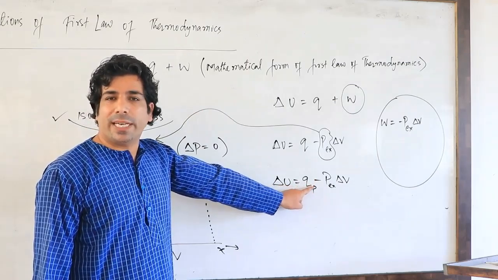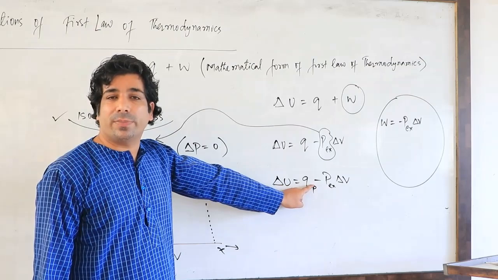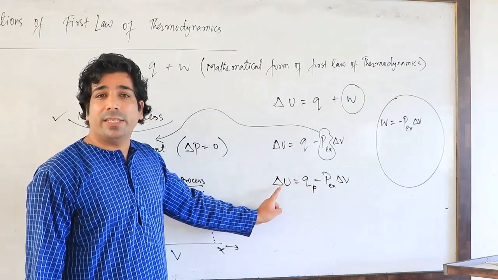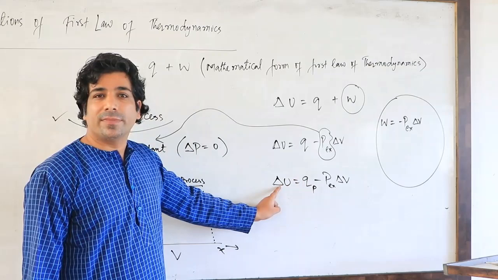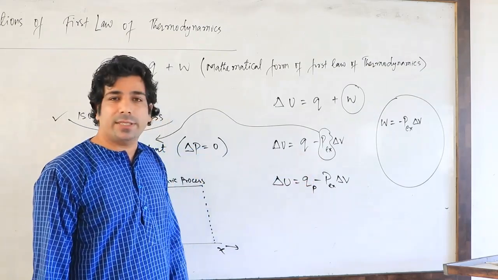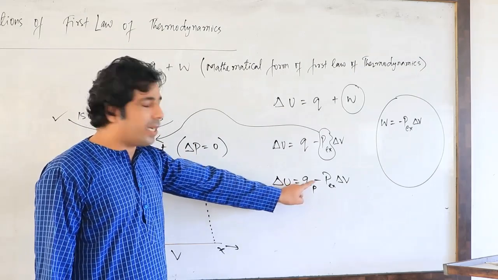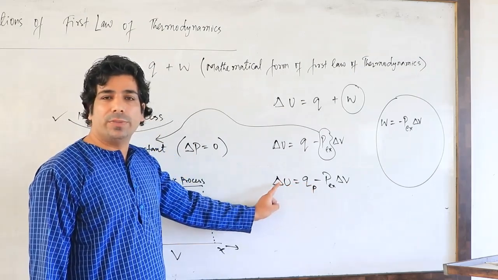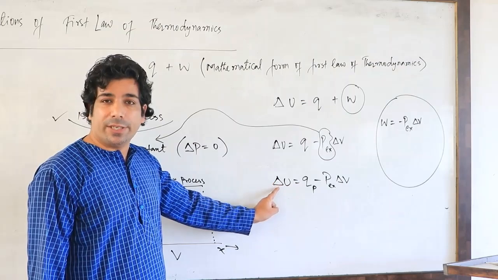Or Q_P stands for heat absorbed at constant pressure, will change the internal energy of the system. Why do I mention here Q_P? Because we know that already pressure is constant. So heat absorbed at constant pressure is equal to the change in internal energy.